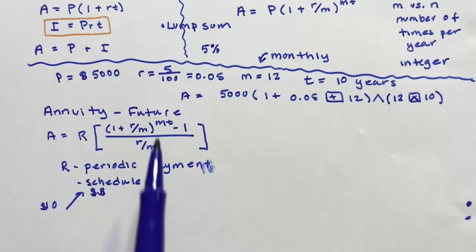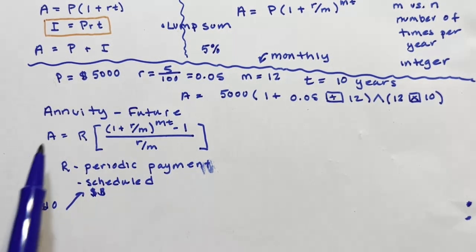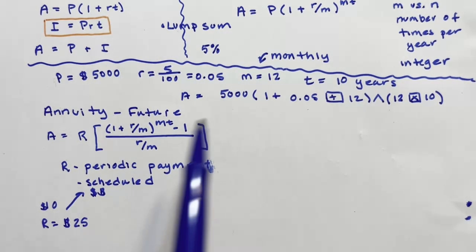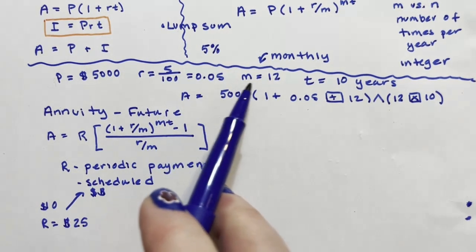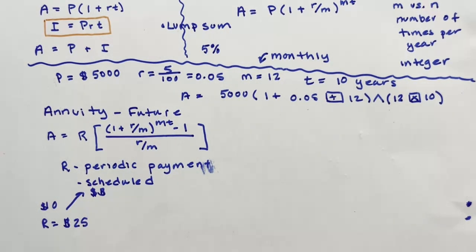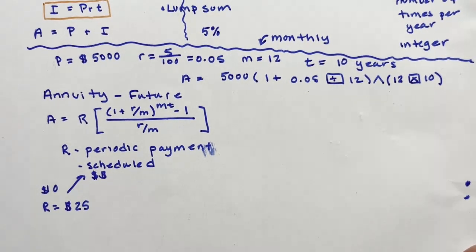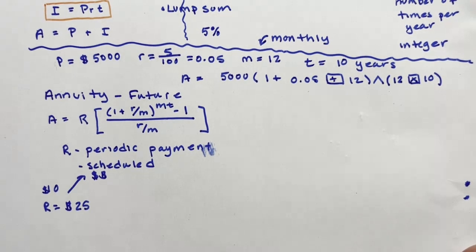So let's take the same, well, we can't do the same. We need an R, because we're going to figure out what this A is here. So let's say that we're putting $25 away. Same bank, 5%. We're doing it monthly, for 10 years. So most of the rest of it is going to be the same as what we have set up above.